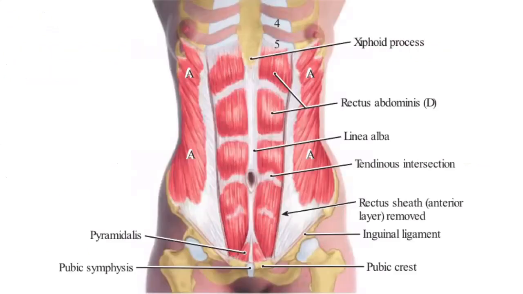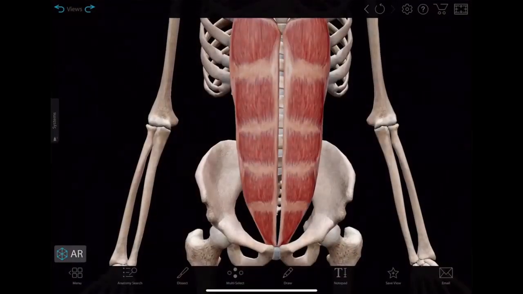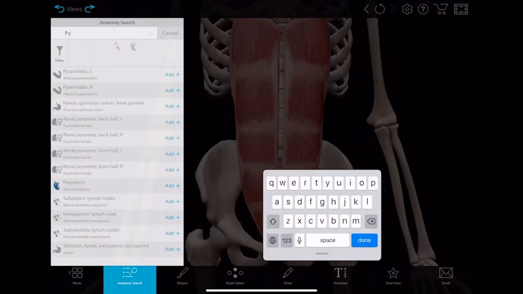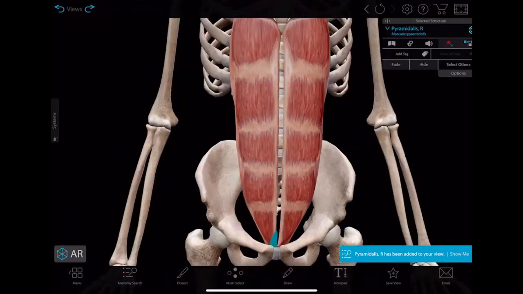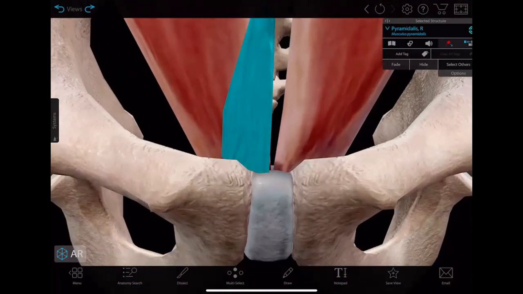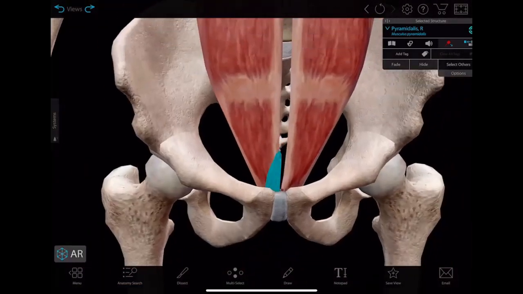You see, so small. This is the pyramidalis muscle, right? You'll see that. You see, that is the pyramidalis muscle in front of the rectus abdominis.